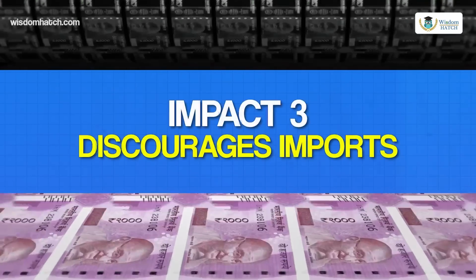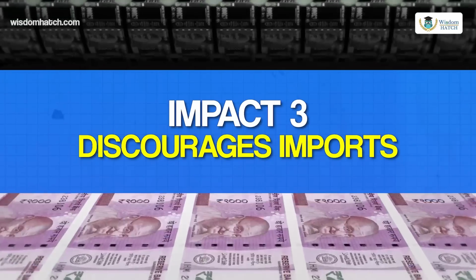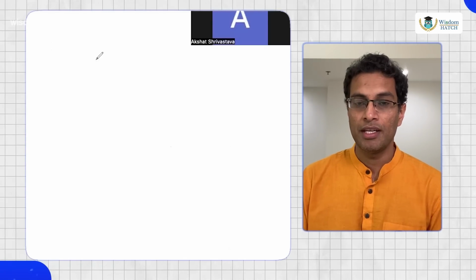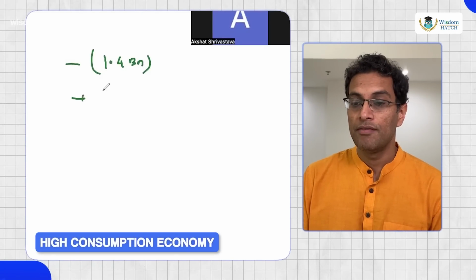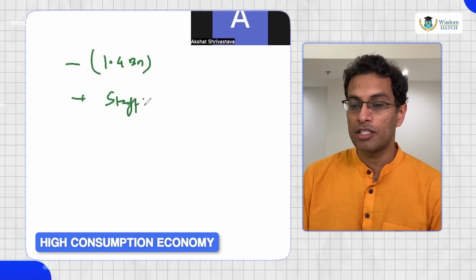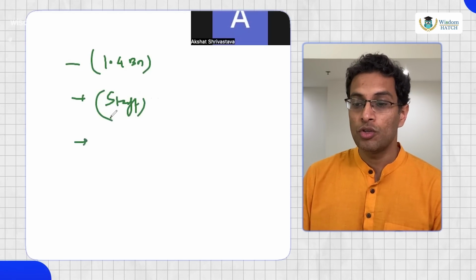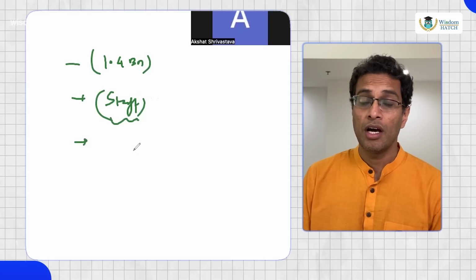Now then comes point number 3, which is that a falling INR discourages imports. Now India is a high consumption economy. High consumption क्यों? क्योंकि हमारी 1.4 billion population है. Okay, we require a lot of stuff. Now what stuff? भाई बहुत सारी चीज़ें हैं. Energy हो गया, petrol हो गया, this that stuff. So now is India producing everything on its own? The short answer is no. Now how do we meet that?